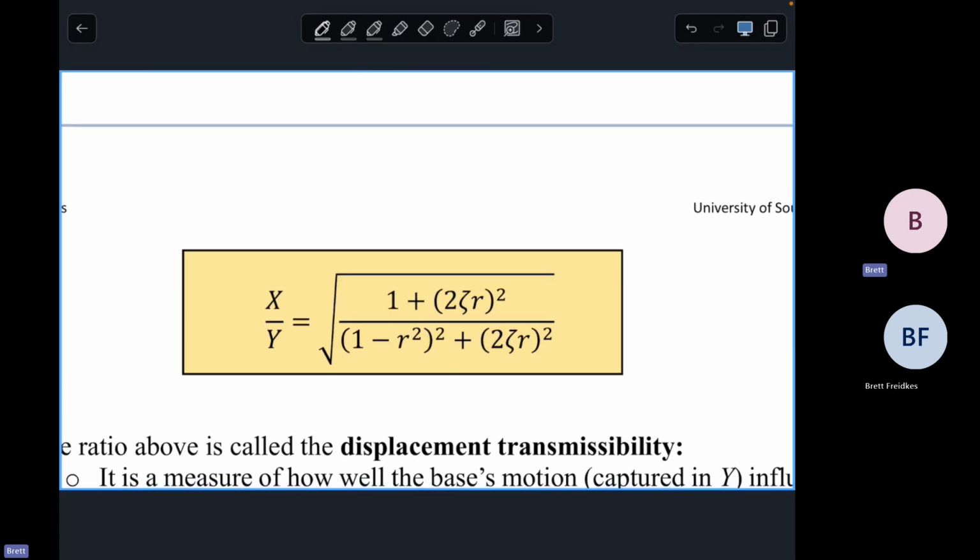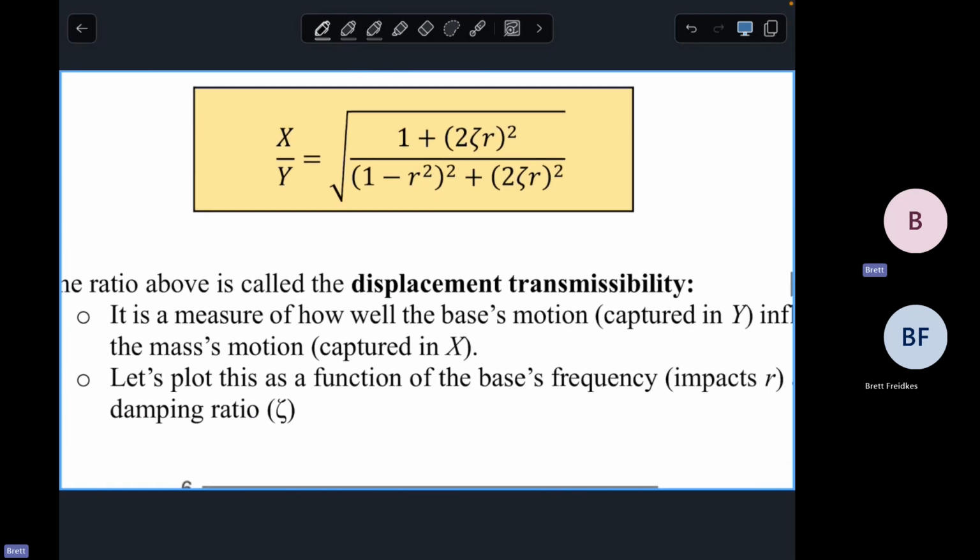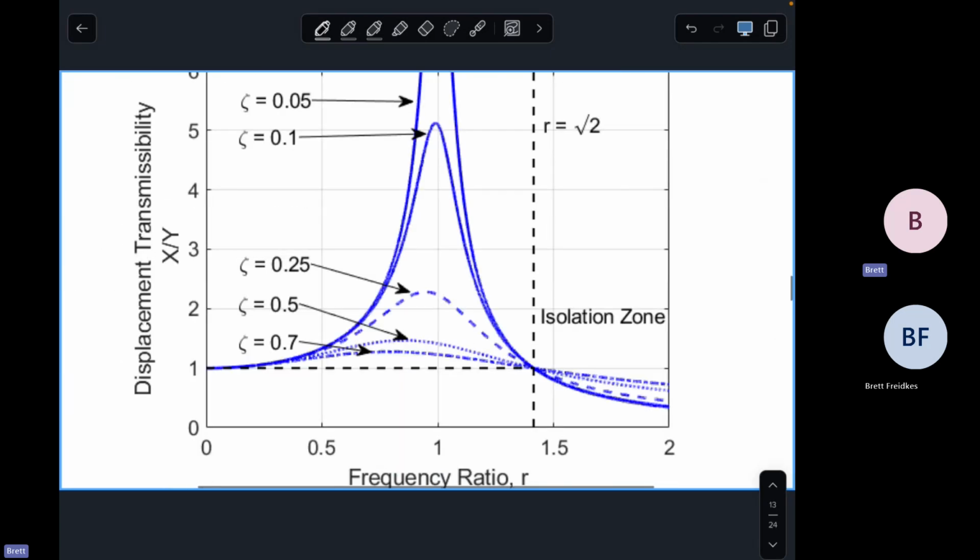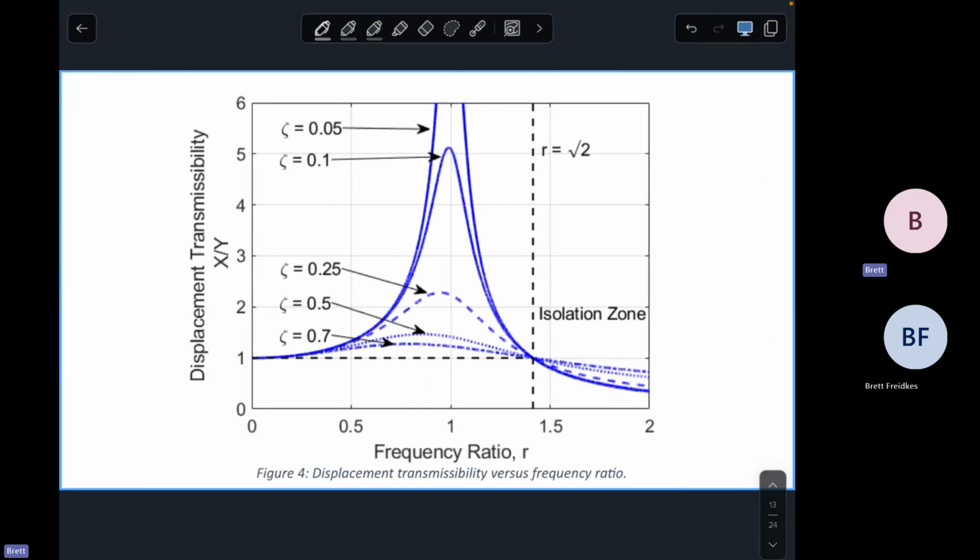But what we see is how this changes as a function of frequency. Again, as we have more damping, we have less deflection in general at resonance, right? When R is equal to 1, we see that we're taking energy out of the system with more damping. Therefore, the peak doesn't go as high. 0.7, low Q or high Q?